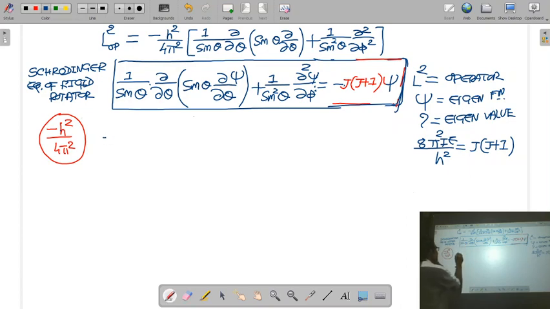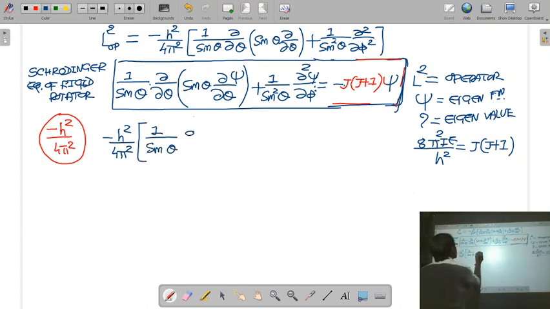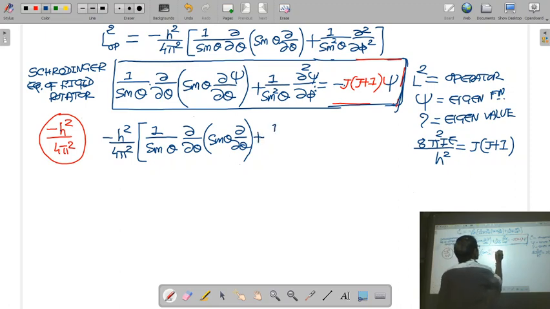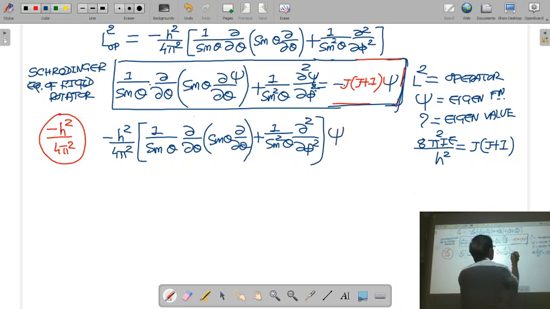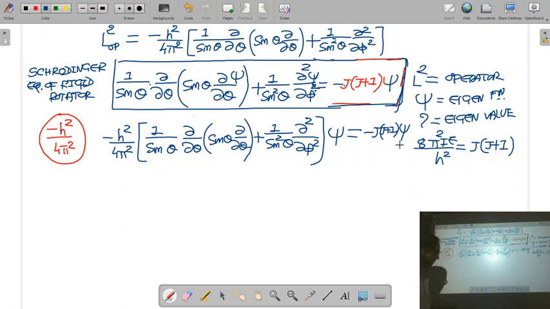Minus h square upon 4 pi square, bracket 1 upon sin theta d by d theta sin theta d by d theta plus 1 upon sin square theta d square upon d phi square. And this operator is operating on which function? Psi. It is equal to minus j into j plus 1 psi. So we get this.